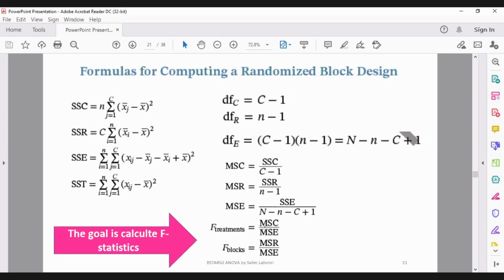So you get F for treatments, you get F for blocks, where F of blocks is equal to MSR over MSE, where MSR is SSR over N minus 1, where N is the number of calls or observations. SSR is this quantity.